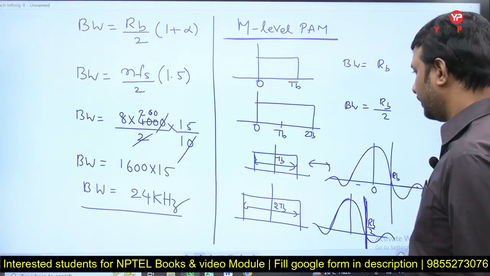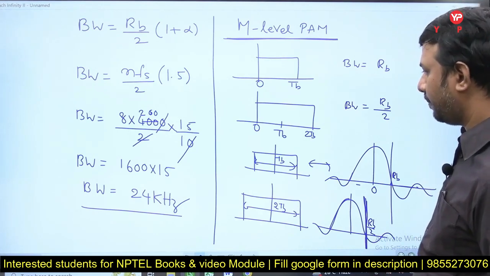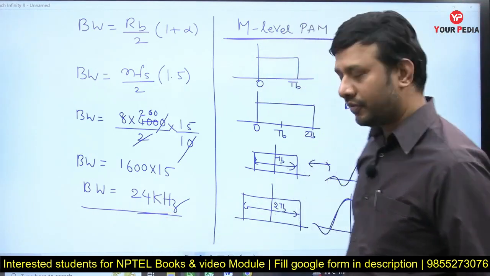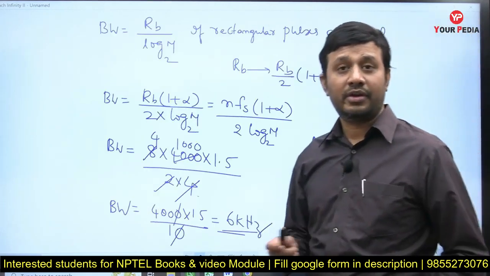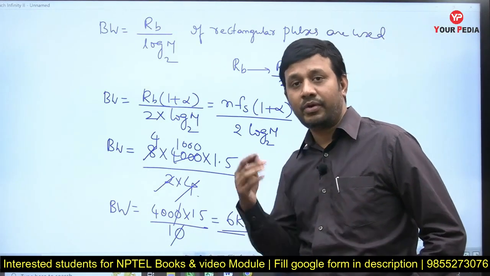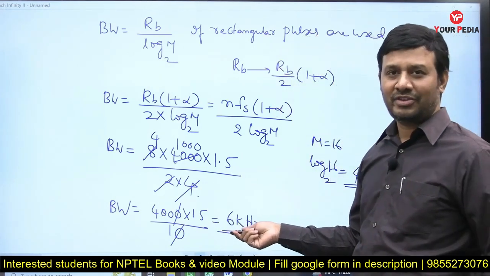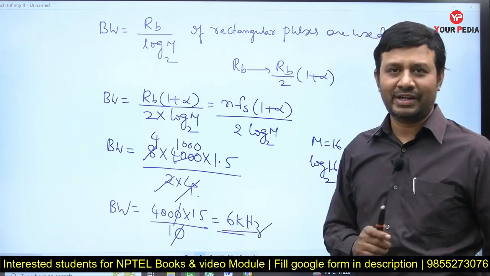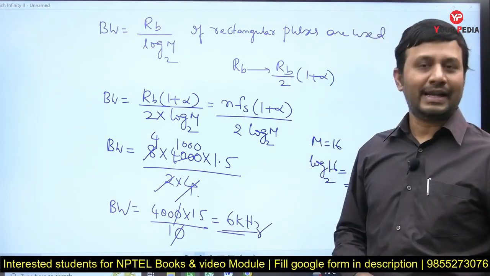Whenever you use PCM, what is the bandwidth we got? 24 kilohertz. Suppose for the same thing, if you use M level PAM and group bits to make symbols, the bandwidth got reduced. So that is the advantage. Anyway, this 6 kilohertz is not in the options, but this is the answer.